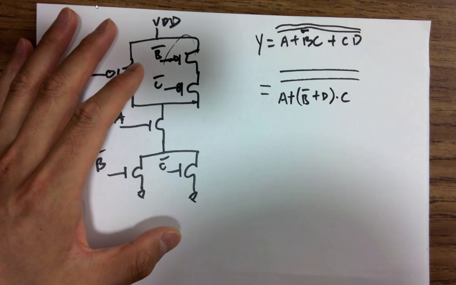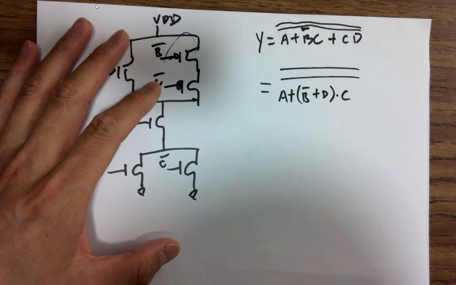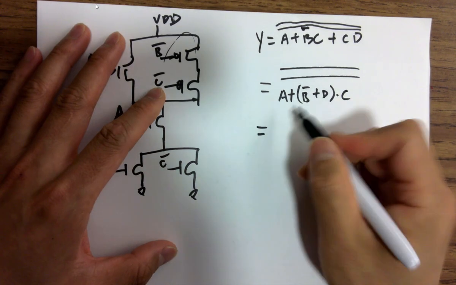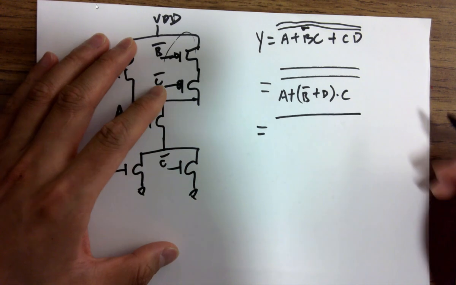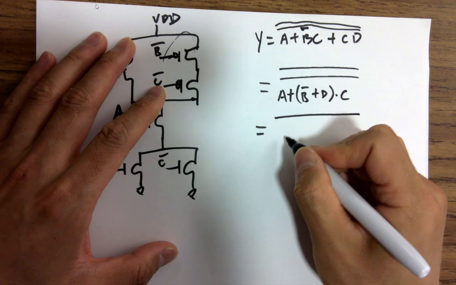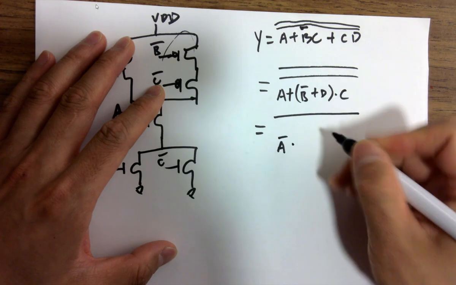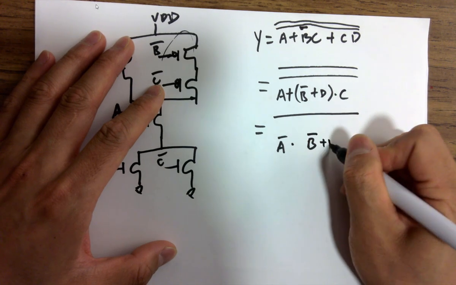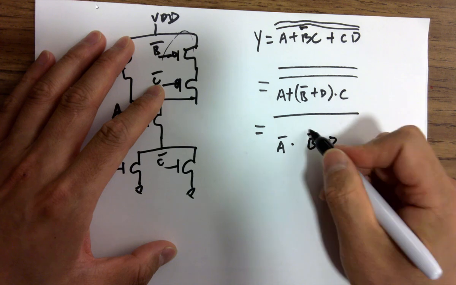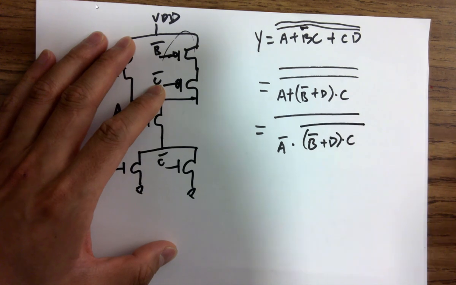Okay. Moving forward, we keep the top bar on the top, and then we split the bar and change the sign. It's going to be A naught and B naught or D and C bar.